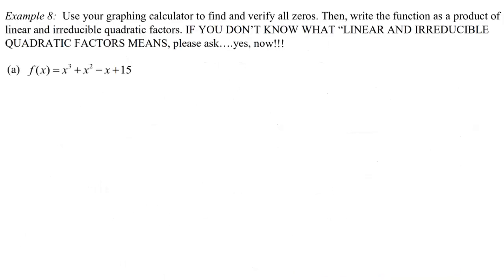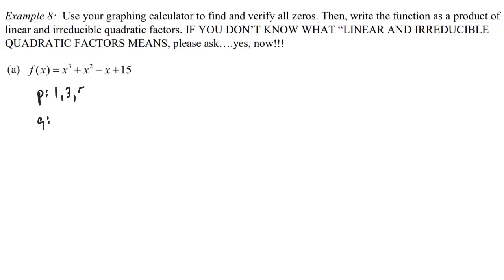Okay, example 8, we are going to bring everything together and work a couple more examples where we find all of the zeros and then write the function as a product of linear and irreducible quadratic factors. So the first thing is I want to find the PRZs. So I'm going to find my P's and my Q's. P is going to be the factors of the constant term, which is 15.